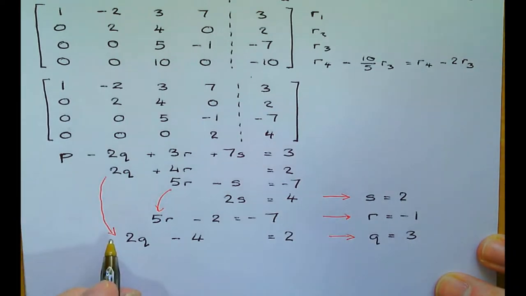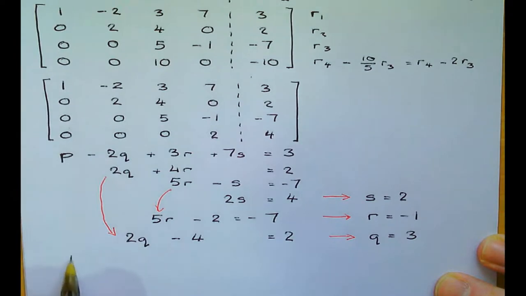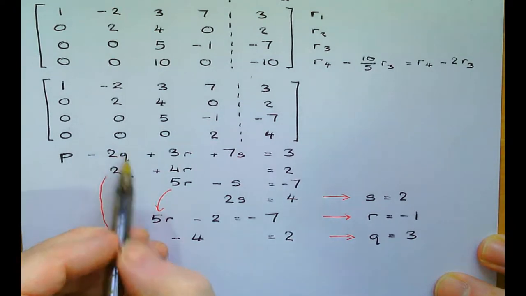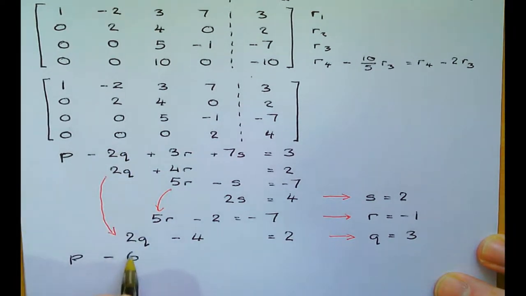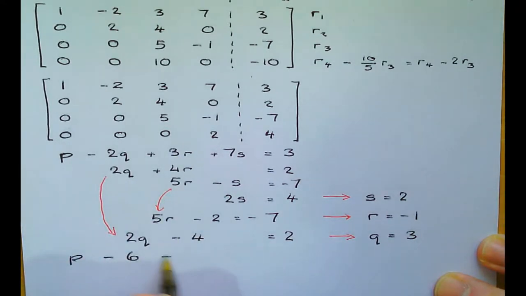And then we go back to the first equation, P minus 2Q, so that's minus 6, plus 3R, that's minus 3, plus 7S is equal to 3. 14 minus 6 minus 3, that's 5.